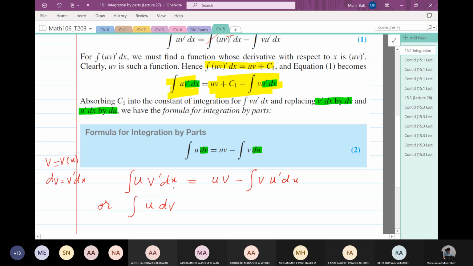So this is this part, and similarly this will become uv minus the integral of v as it is, and now u' dx is the differential du. Because u is a function of x, du will be its derivative and then dx. So this is the formula that we shall use from now onwards.